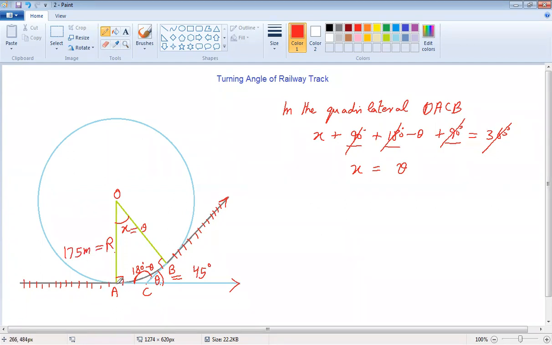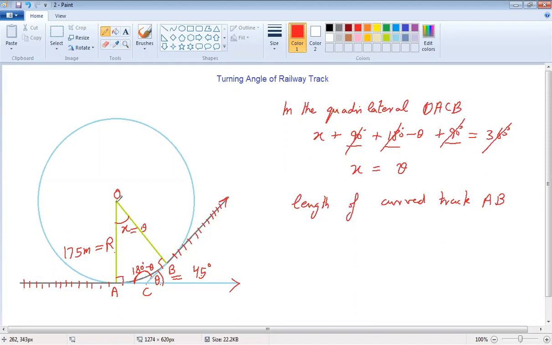We want to find how much is the length of the curved track AB. Length of curved track AB we want to find.